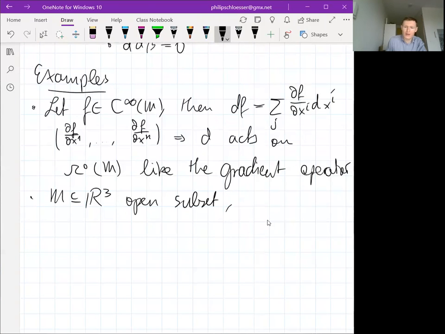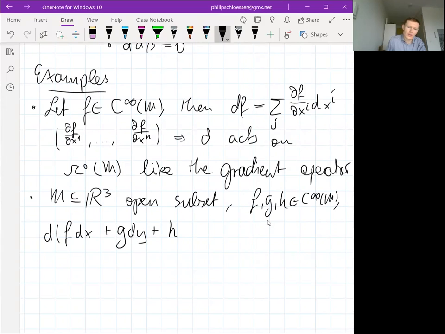And we have 3 functions, f, g, and h. Then we take the differential of the form f dx plus g dy plus h dz. And by additivity, this becomes that.